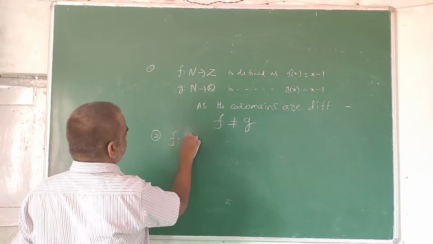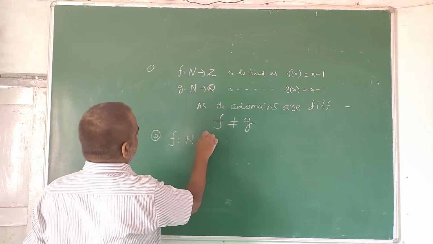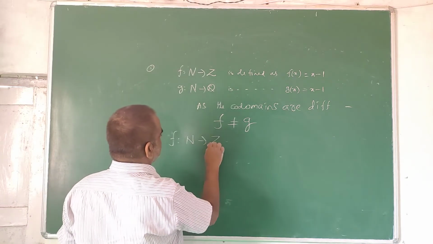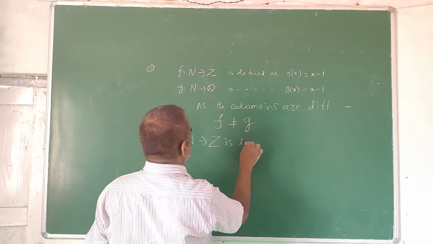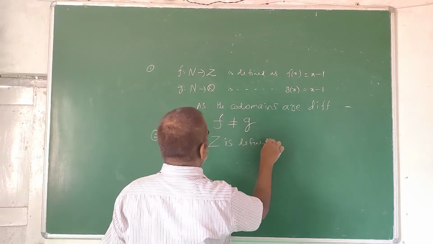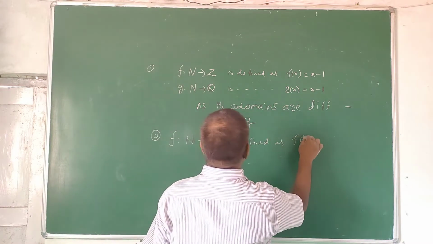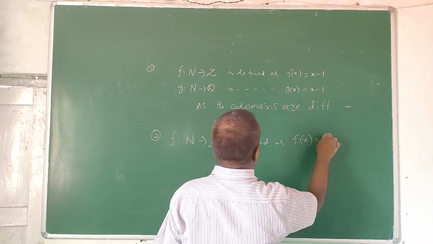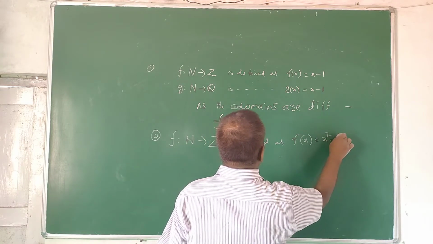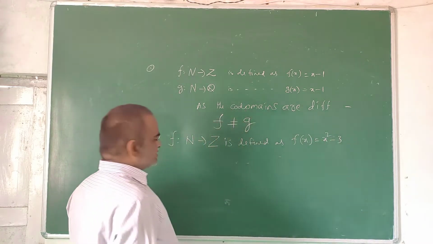Suppose f from N to Z is defined as f of x is equal to x square minus 3, right?